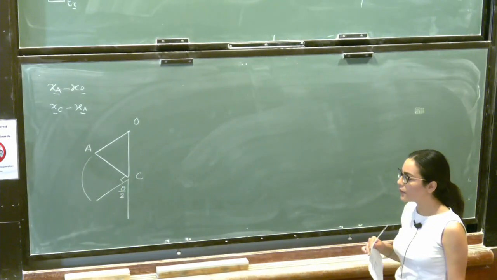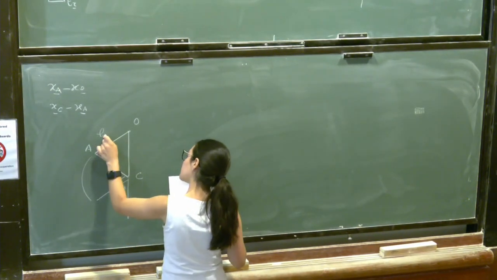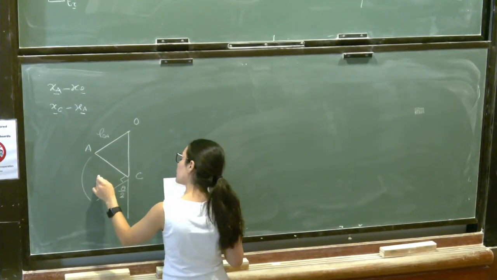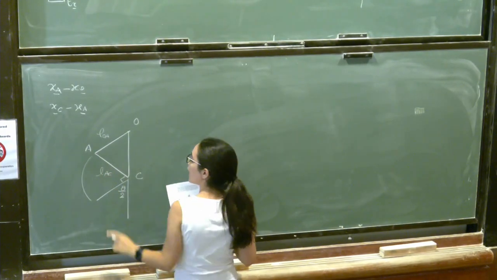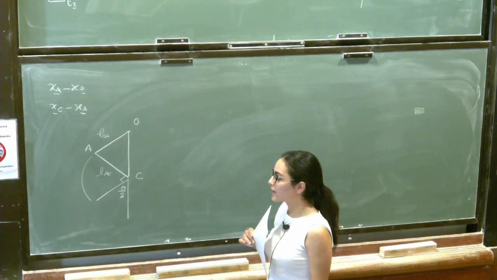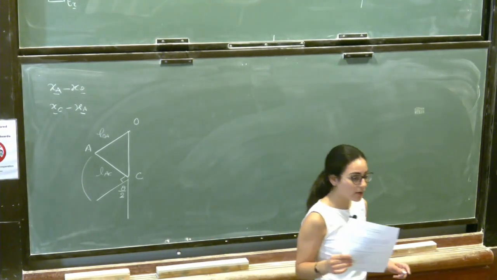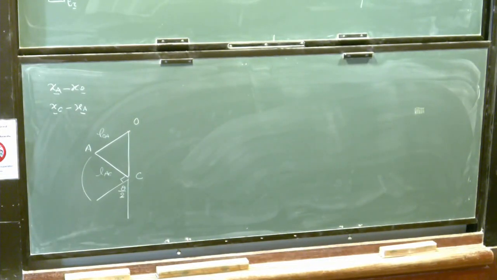I'm given LOA, and I'm given LAC. How can I determine XA minus XO and XC minus XO? Take your time, think about it. Take a minute, think about it, and then let me know what to do.